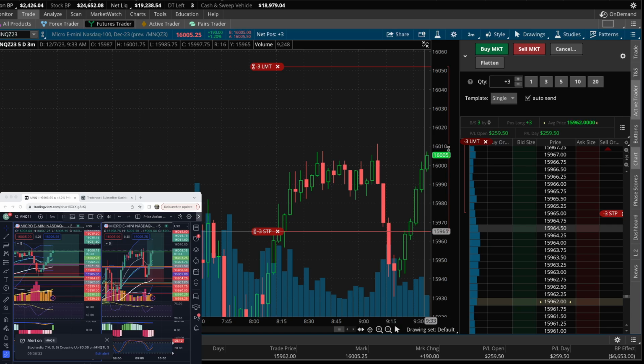So originally this was a little bit less than a 3-to-1 trade. But now we're break even, so we want to win money, but it doesn't really matter at this point if it does turn around, because I'm not going to lose money.